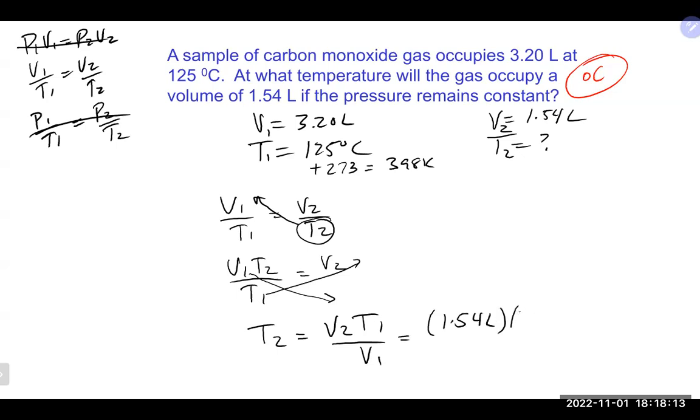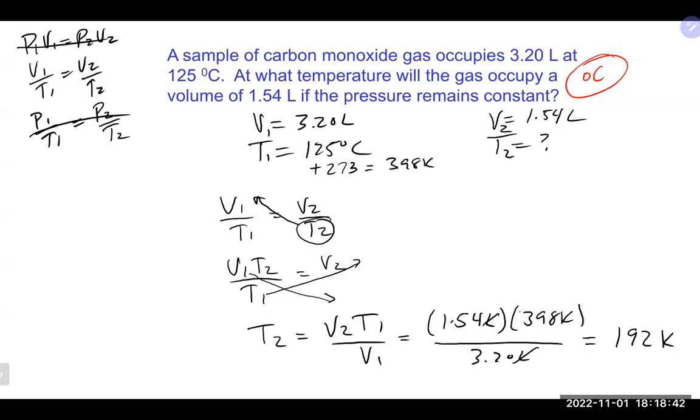That gives us T1, which is 398, times V2, which is 1.54 liters, divided by V1, 3.2 liters. Liters will cancel, and this is about 192 Kelvin as the answer here.